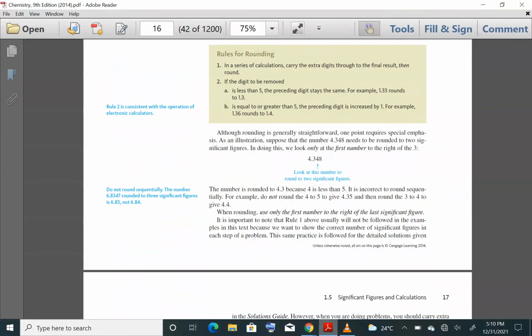Makes sense, right? So if the digit to be removed is less than 5, like 1.33 where we want two significant figures, the number to be removed is 3, the third significant figure. Because it's less than 5, the number remains 1.3.